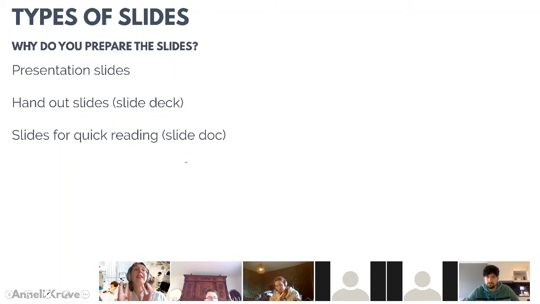So slides in the slide docs basically are used to reduce the amount of text that people use. And slide docs are, for example, used when you receive advertising texts. Sometimes you get an email with some advertising text, and then these can be, and very often are, slide docs. But in research, we more often talk about the presentation slides and also handout slides.